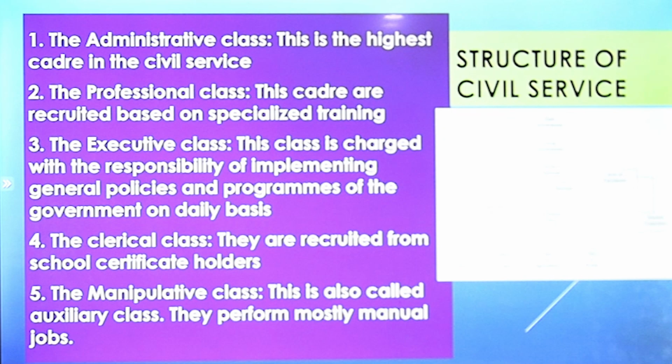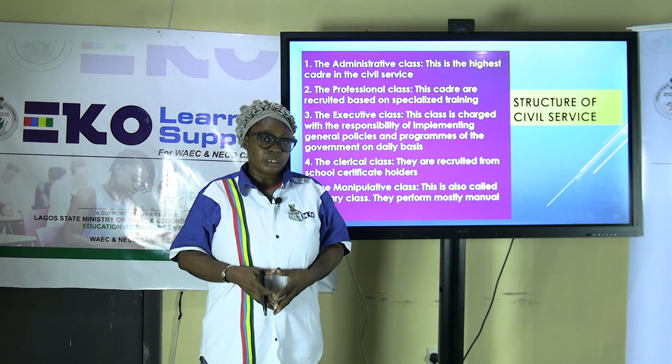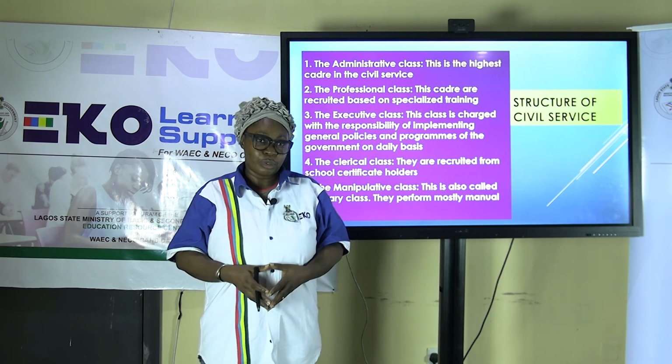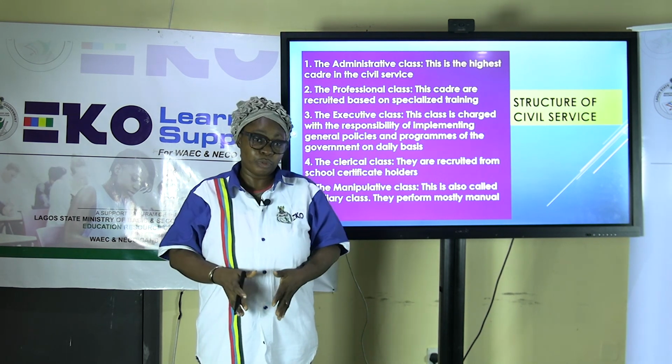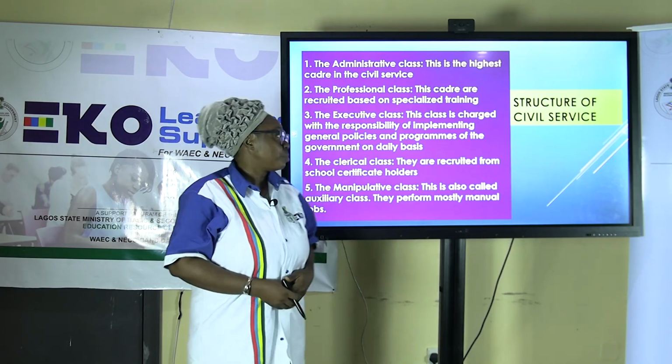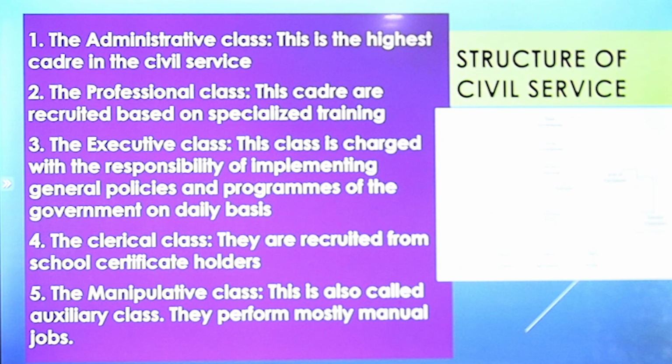And the second one is the professional class. These cadre are recruited based on specialized training or skills that they have. For example, the accountants, the teachers, the lawyers, the doctors. So they are specialized people in what they are doing. And the third one is the executive class.